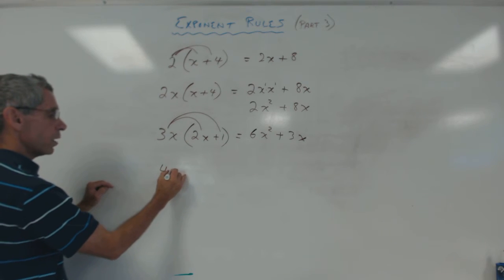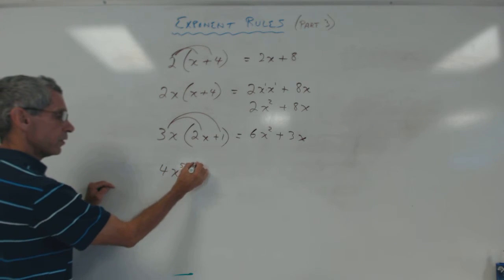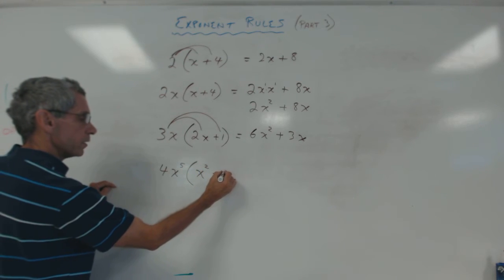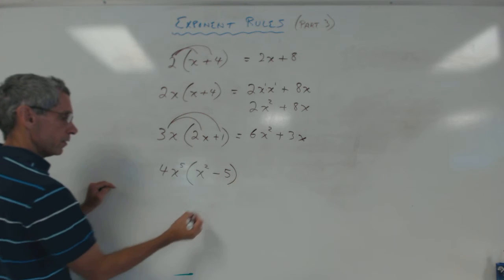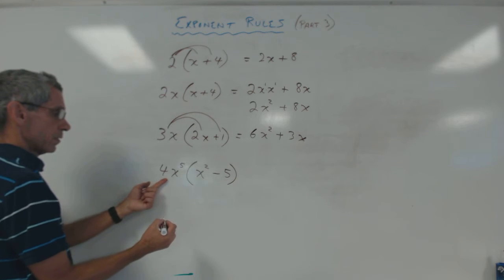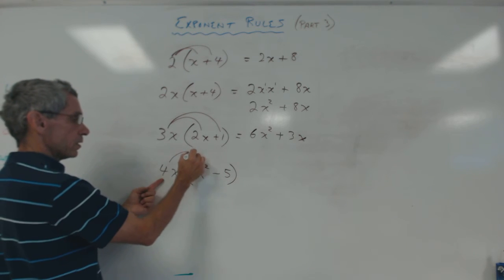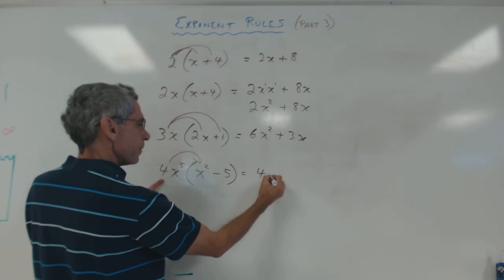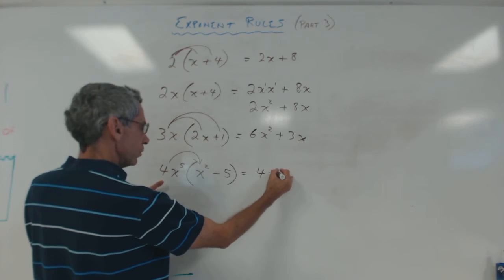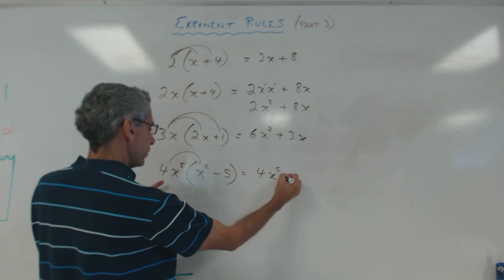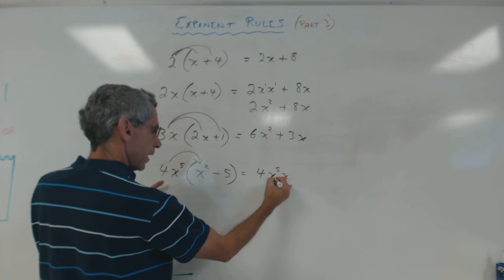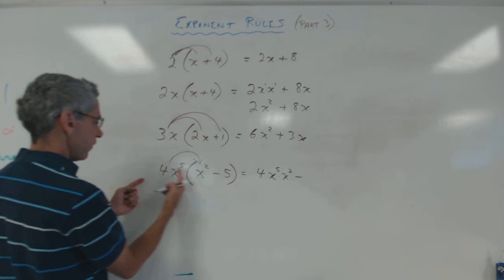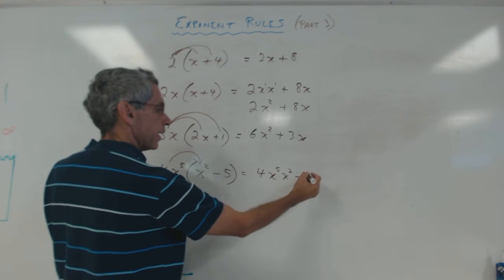How about 4x to the 5th times x squared minus 5? Wouldn't you do the 4x to the fifth first? Yes, so I'm going to do this times this. If you need to, you can do it in 2 steps: 4 times x to the 5th times x to the 2nd, minus 5 times 4 is 20, 20x to the 5th.